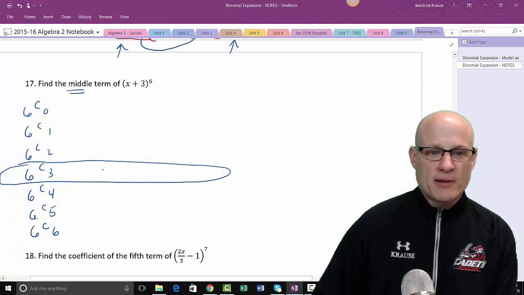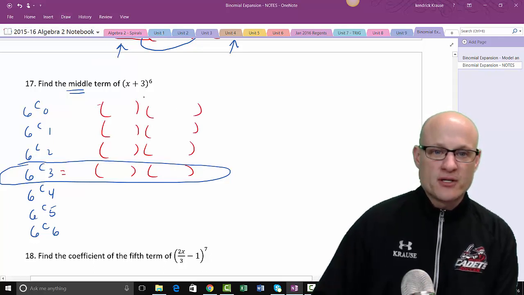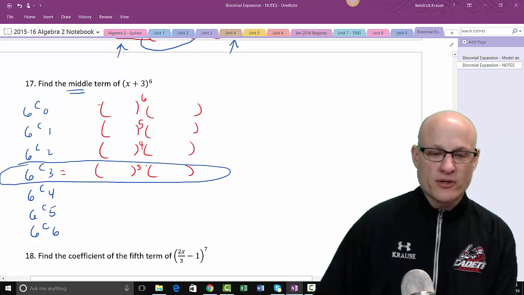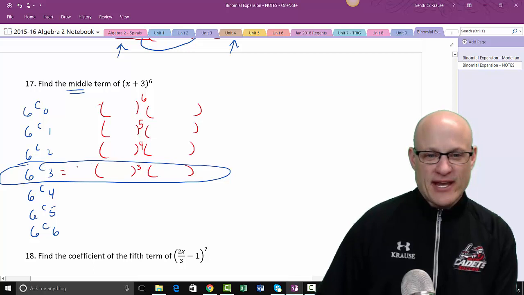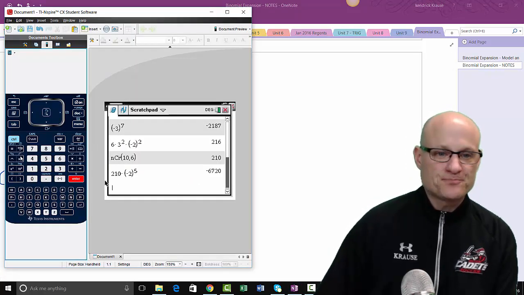So I'll put my parentheses afterwards. Now, I need all the ones above it just to help with the exponents. So 6, 5, 4, 3. And if I remember, they have to add up to 6. This is 3 here, but 0, don't need it. 1, 2, 3. So this is the one I need. I need to figure out what 6C3 is.